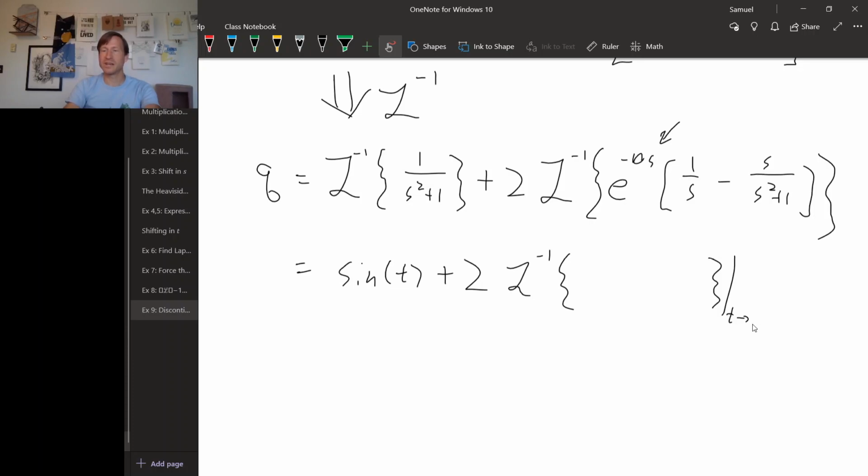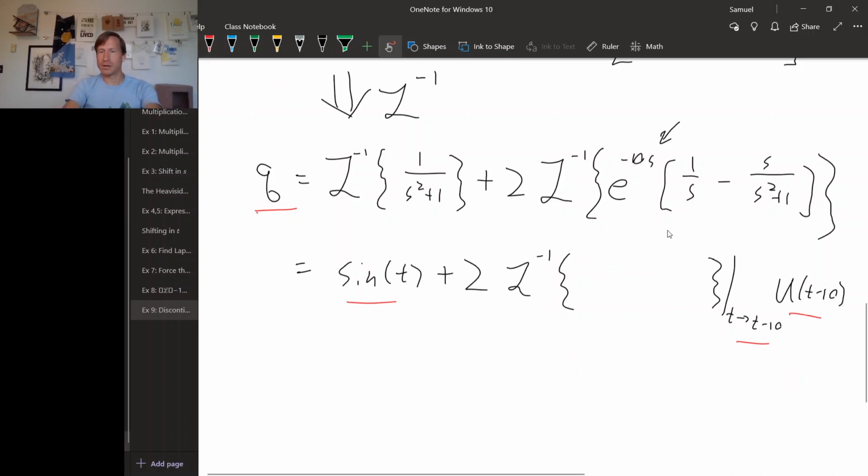So we're going to have to replace t with t minus 10 and a step u of t minus 10. This kind of makes sense because with this shift and step, we're going to start the behavior, the charge function is going to start out looking like sine, but then at time 10, something new happens, which is what we expected to have happen because that's when we flip the switch.